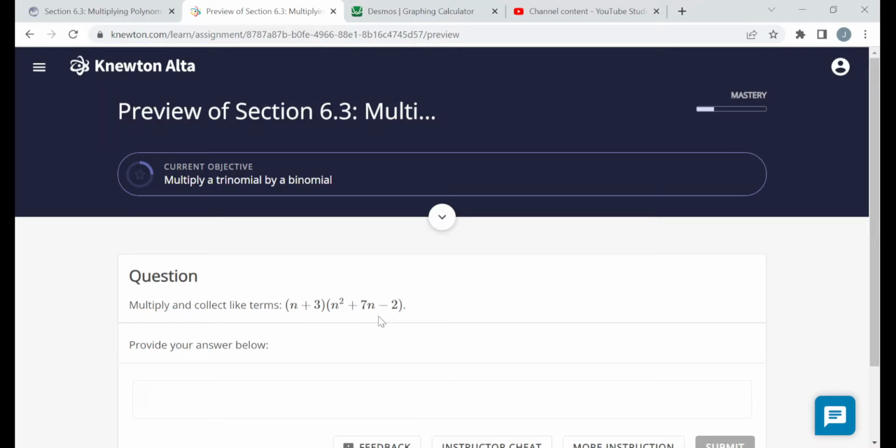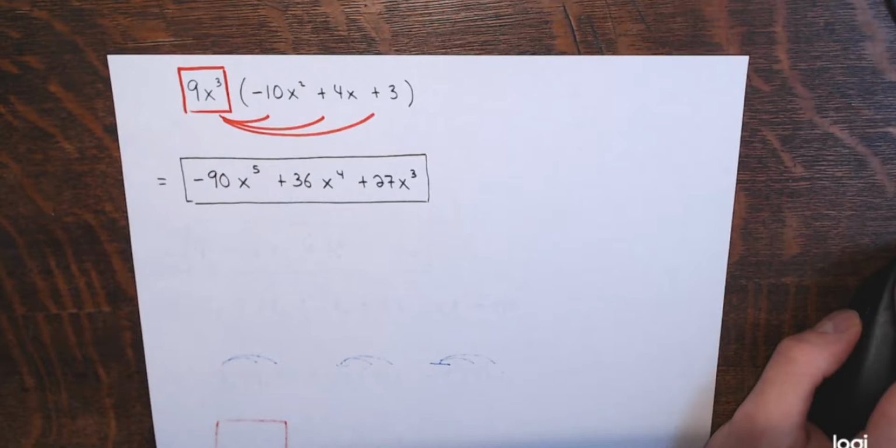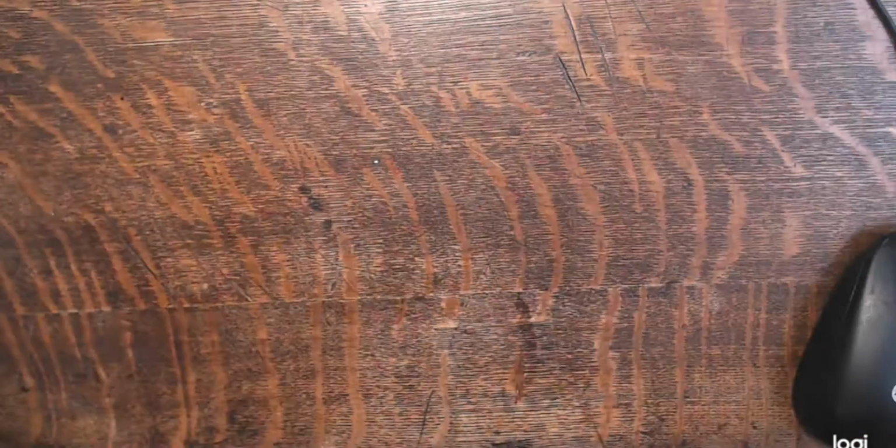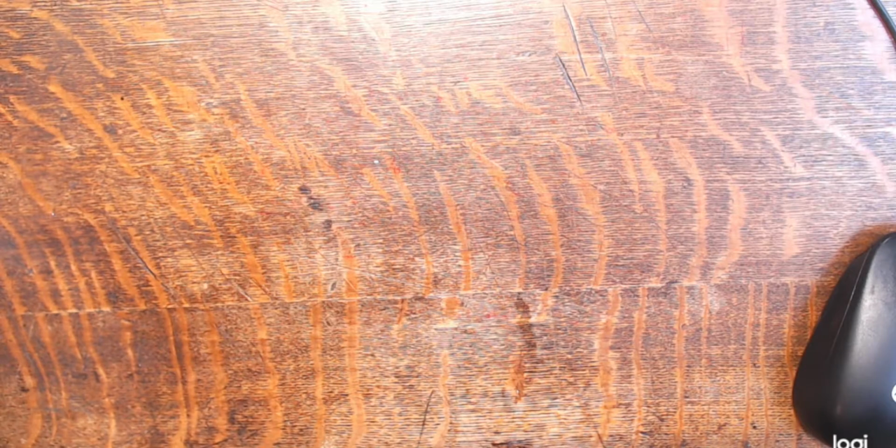So once again, trinomial by a binomial. Alright. So I'll write this out, work it out. And all I'm doing is a lot of distributive property.